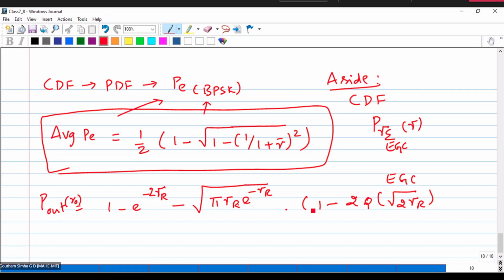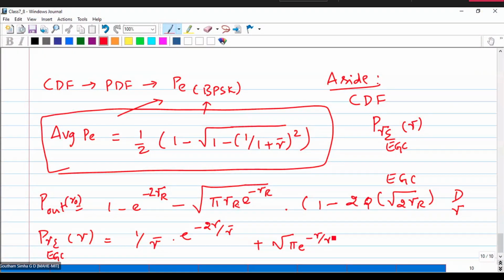Now differentiate this with respect to gamma. The first derivative with respect to gamma will give you P gamma sigma in terms of EGC gamma, which is equal to 1 by gamma bar into e to the power of minus 2 gamma by gamma bar, plus square root of pi e to the power of minus gamma by gamma bar, into 1 by square root of 4 gamma bar minus 1 by gamma bar into square root of gamma by gamma bar.